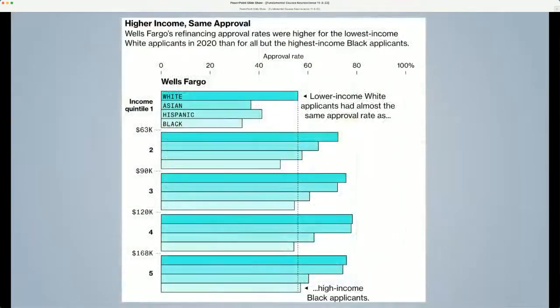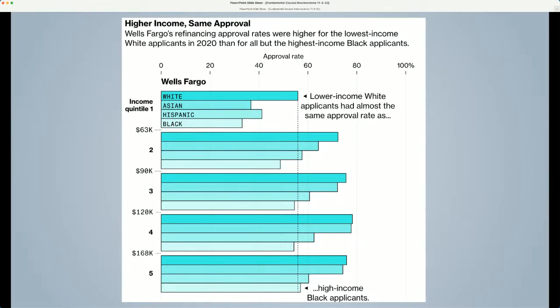And it's driven by banks in the finance industry as well as the government. Wells Fargo Bank is illustrative of the problem. It has a long history of discrimination and fraud against all of its customers, in fact. In 2020, it approved fewer than half of the refinancing applications filed by African Americans.